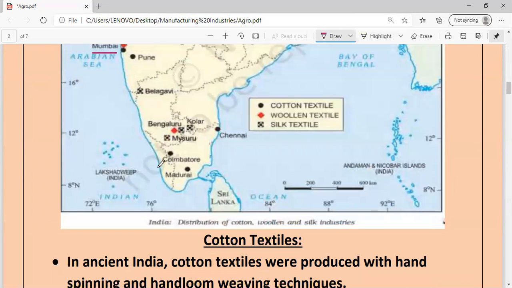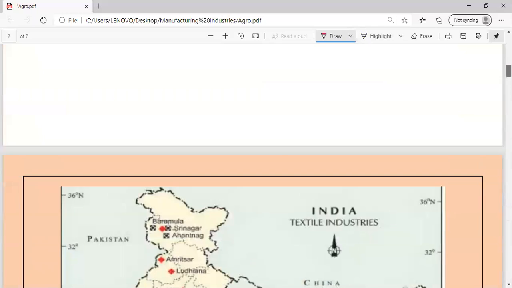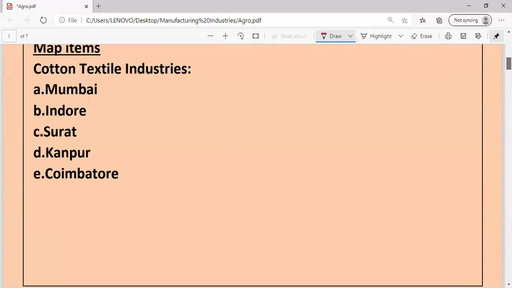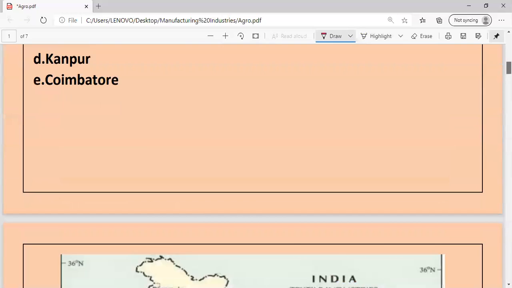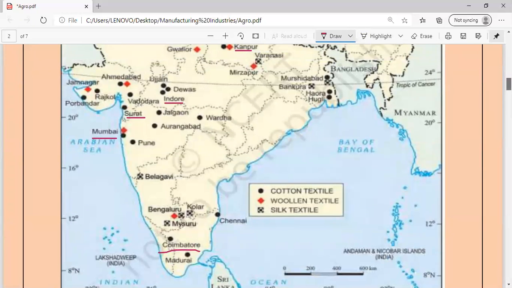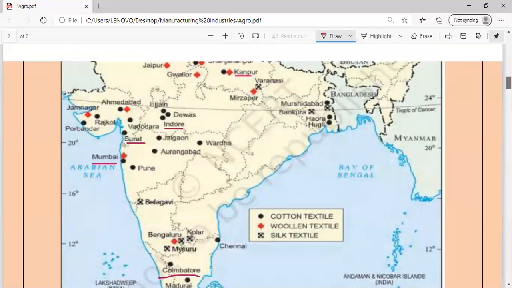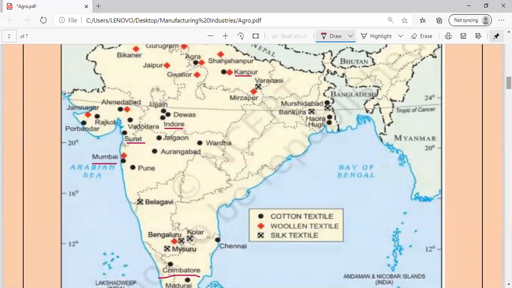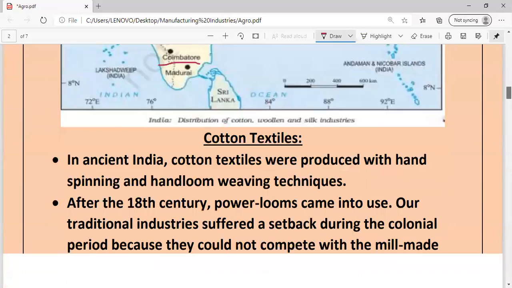So these can be asked for your examination. Five important cotton textile industrial centers: Mumbai, Coimbatore, Surat, Indore, and Kanpur. This is given in the CBSE syllabus. You have to learn the map pointing.